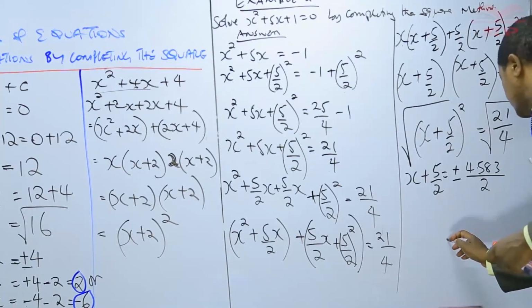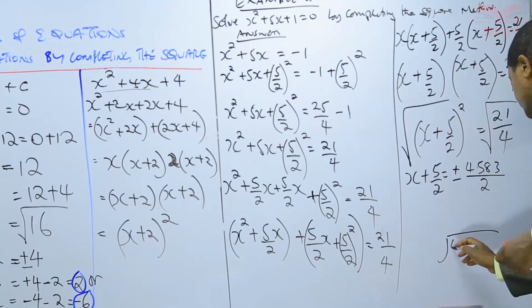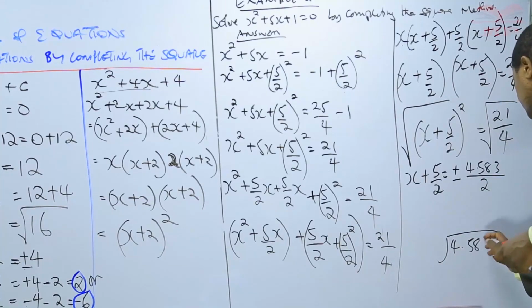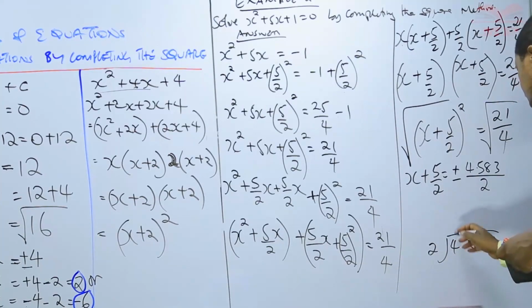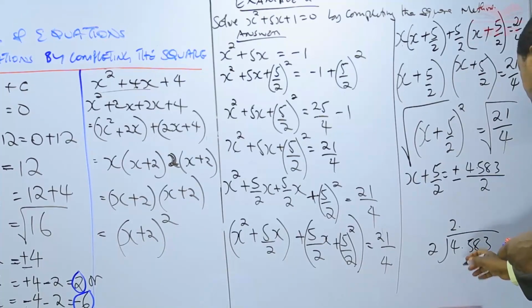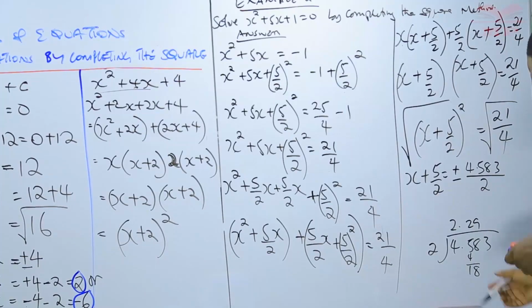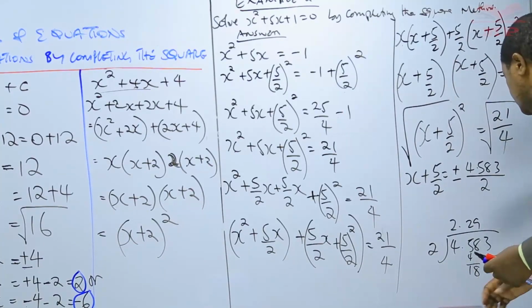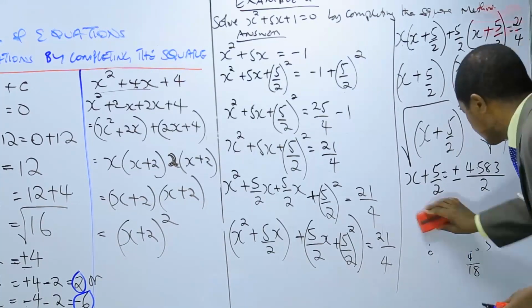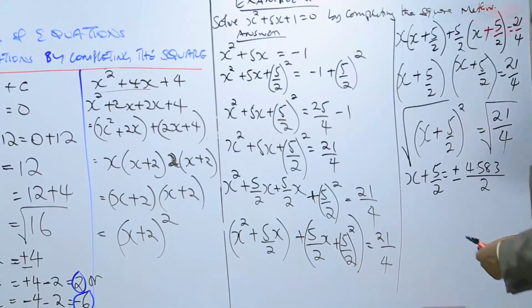So we can do some quick division here. 4.583 divided by 2, 2 goes into 4 twice, 2 goes into 18 nine times, so 2.29.